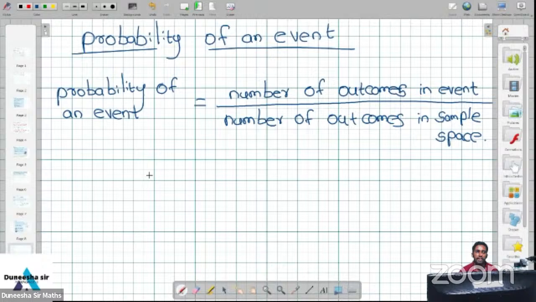Okay, probability of an event equal to number of outcomes in event divided by number of outcomes in sample space.